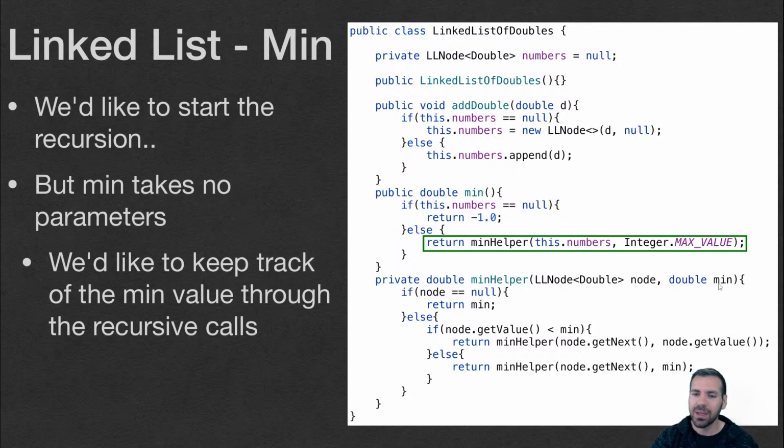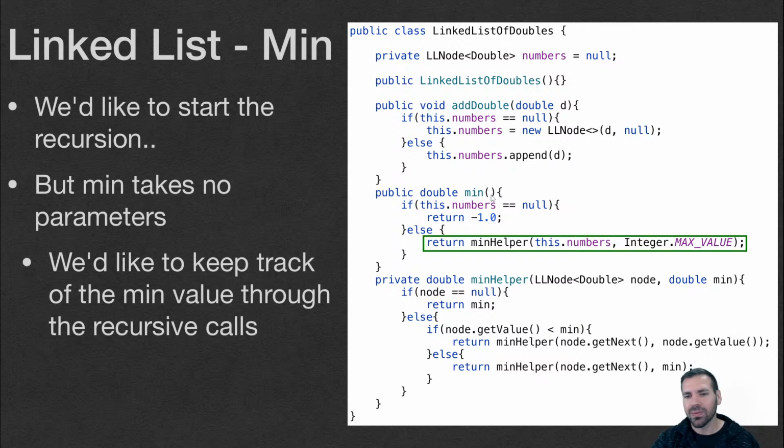That parameter list you want is not always going to match the parameter list that you have to provide the end user. So we can create helper methods to fix that. I'm going to create a helper method that has the parameters I want, and then from the method that I have to write, because when you're calling a min method, you don't want to worry about what these two extra parameters are.